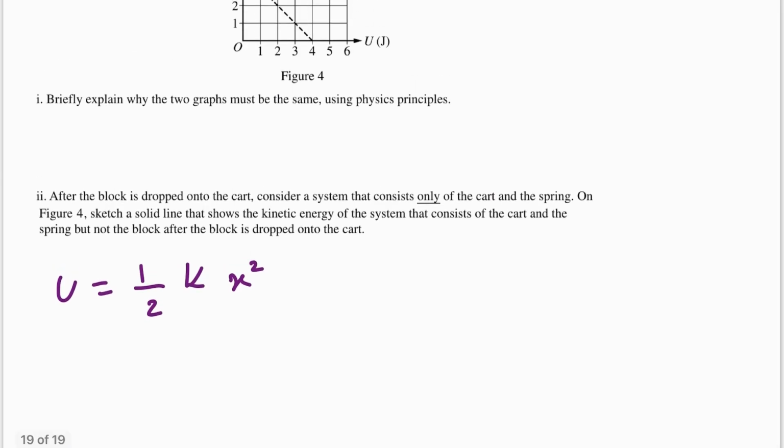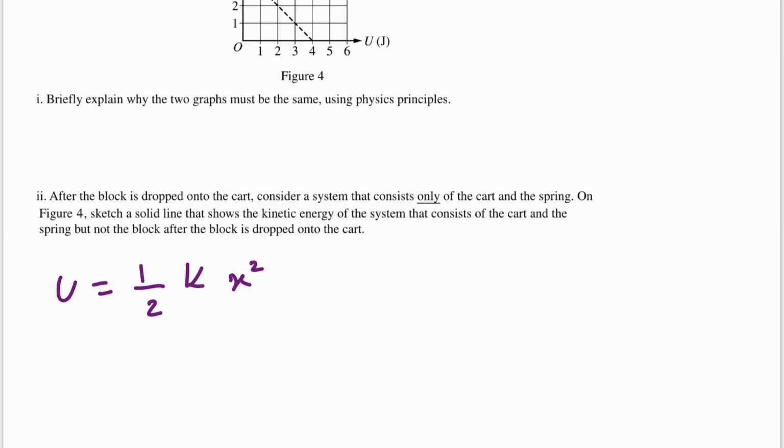The second part of this question says, after the block is dropped onto the cart, consider a system that consists only of the cart and the spring. So forget about the block, only cart and the spring. On figure 4, sketch a solid line that shows the kinetic energy of the system that consists of the cart and the spring, but not the block, after the block is dropped on the cart.